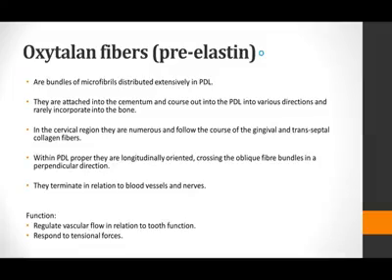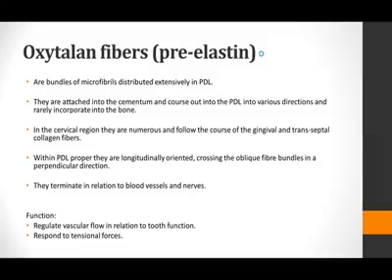Oxytalan fibers are also called the pre-elastin fibers. These fibers are basically microfibrils. They are made up of bundles of microfibrils extensively distributed within the periodontal ligament. They are attached to the cementum on one side, and from there they extend into the periodontal ligament in various directions, mostly horizontal, but they never or rarely incorporate into the alveolar bone on the opposite side.